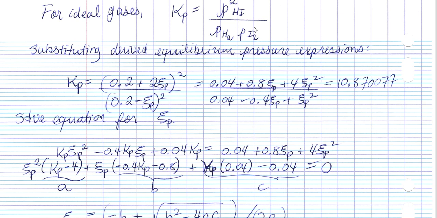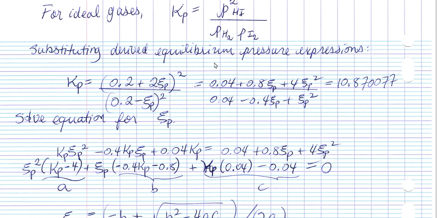So it would be P of HI raised to the second power times P of H2 raised to the -1 power, so it's in the denominator, times P of I2 raised to the -1 power, so it's in the denominator. Okay, so this is the form of Kp, which is KEQ in this case.